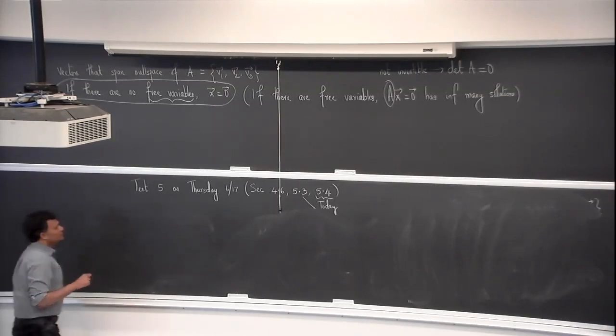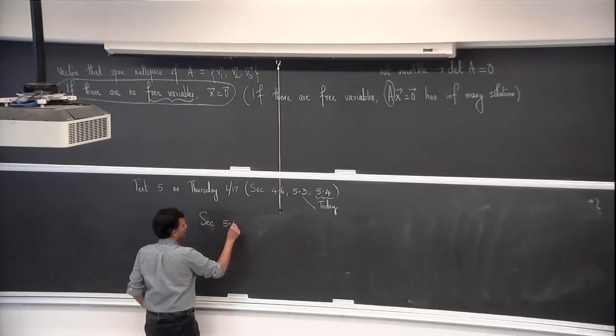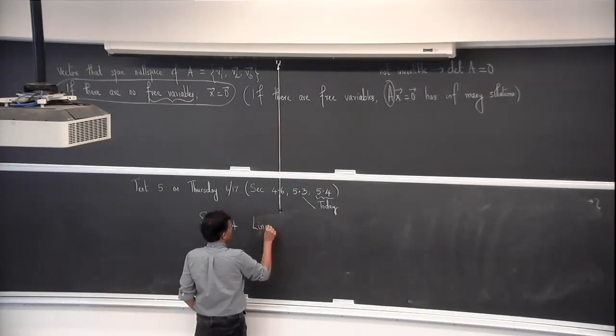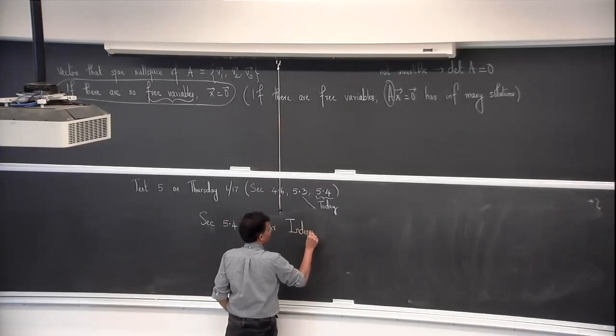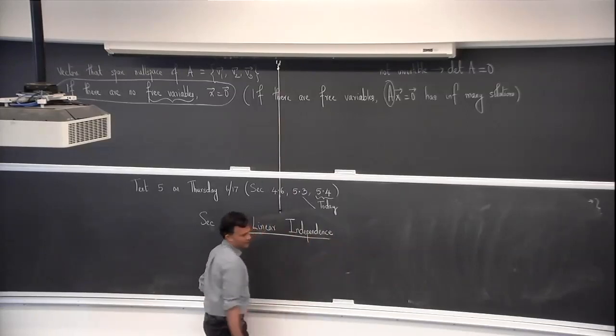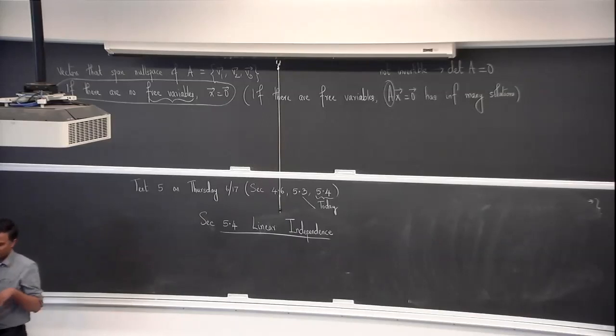So this section 5.4 is about linear independence, which I hope you heard in chapter 2 in the context of differential equations. We always wanted to avoid writing functions and its multiples over and over. Now we are going to give a more precise and rigorous definition to this, so that it works everywhere, not just for functions.